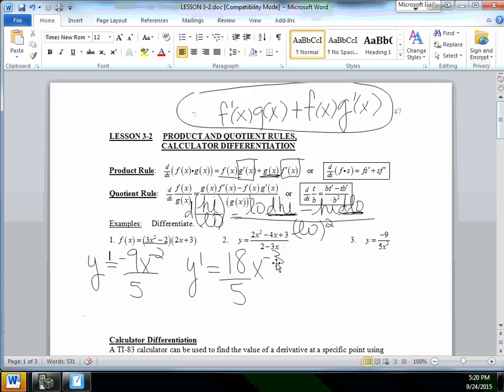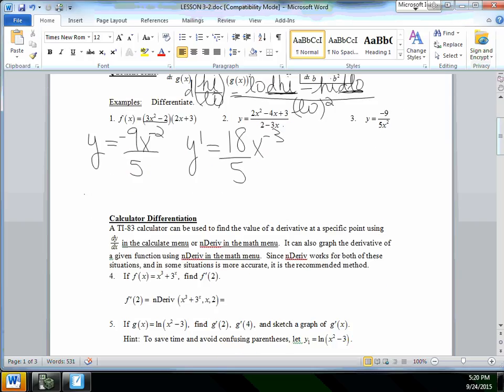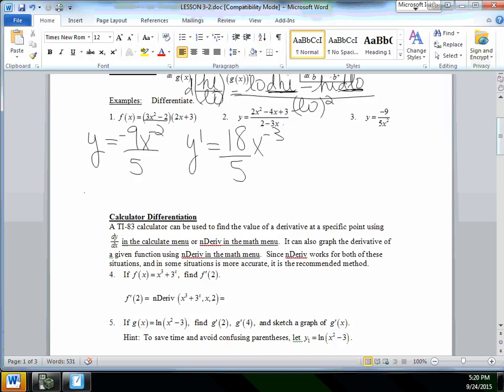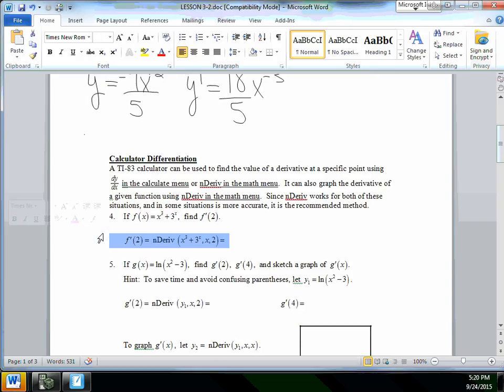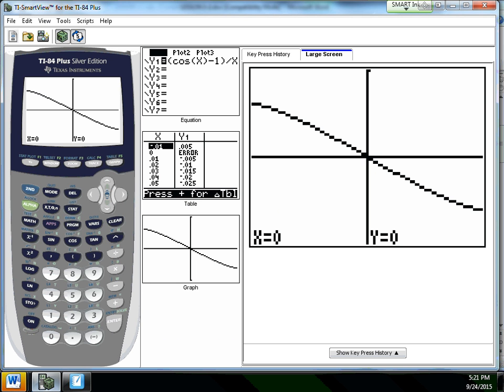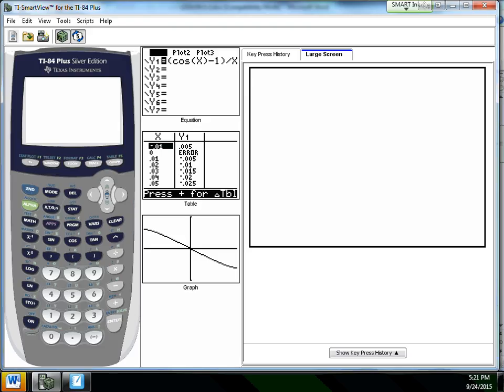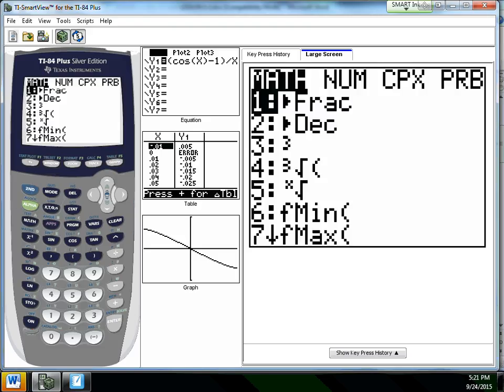The next thing, it talks about how to take the derivative using a calculator. I'll show you real fast with this example right here. So we go to math, and scroll down.